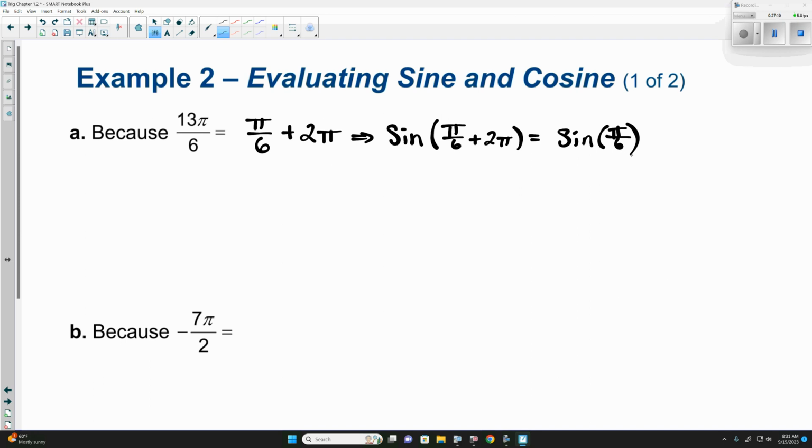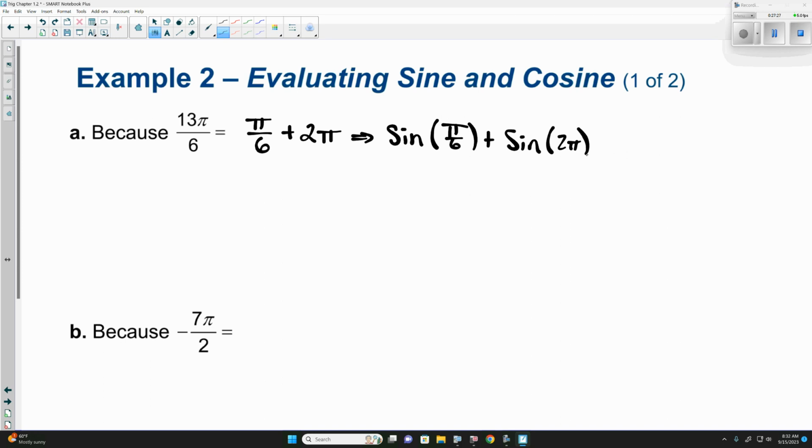pi over 6. I think technically, I don't like how that's written, because we really would look at sine of pi over 6 plus sine of 2 pi, adding those two angles together, especially their values.